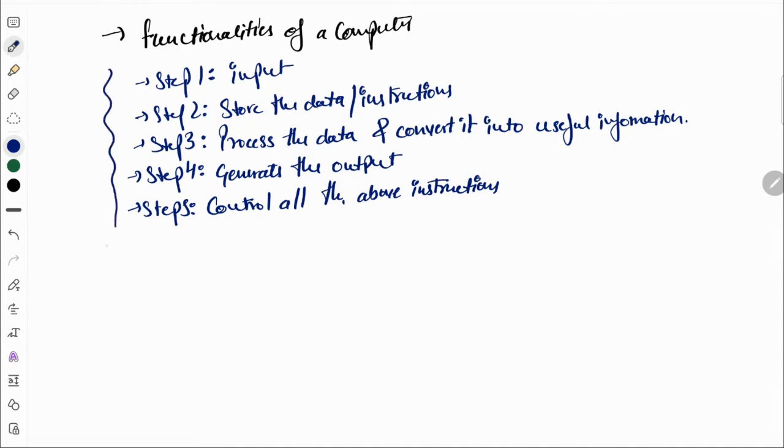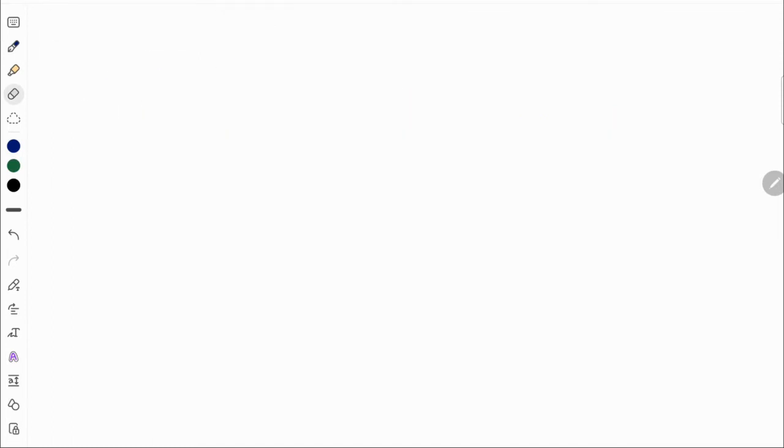These are the functionalities of the computer. Let's see the advantages of the computer.